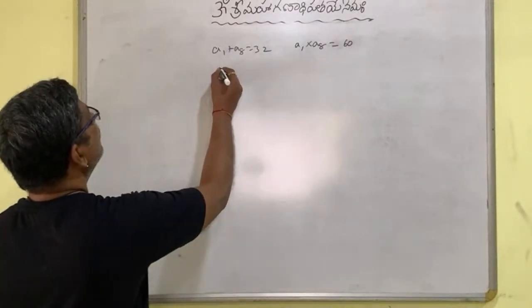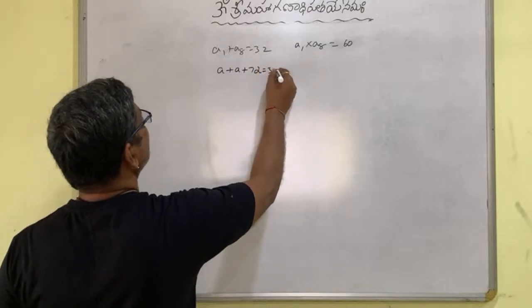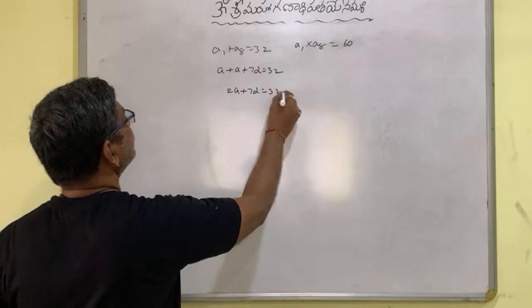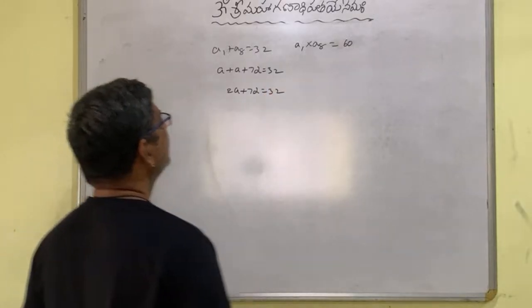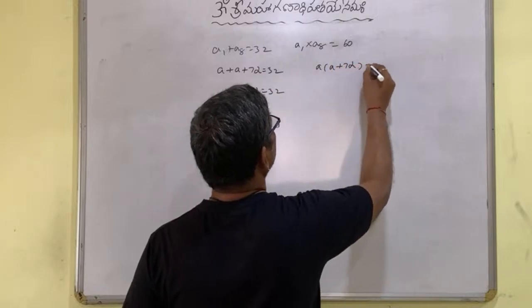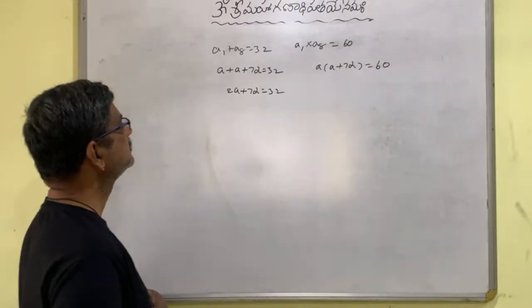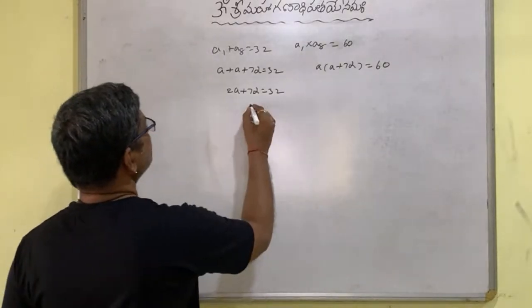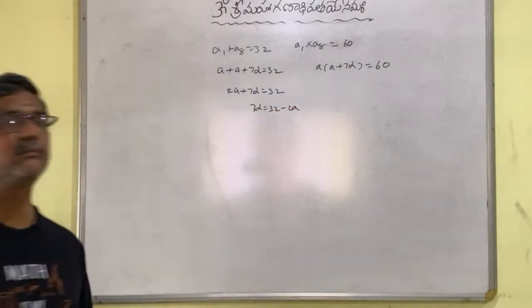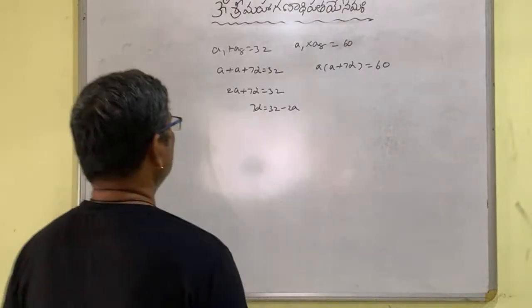So a plus a plus 7d is 32, 2a plus 7d is 32. And here a into a plus 7d is 60. Seven d is equal to 32 minus 2a. We can write this from the first equation and substitute.